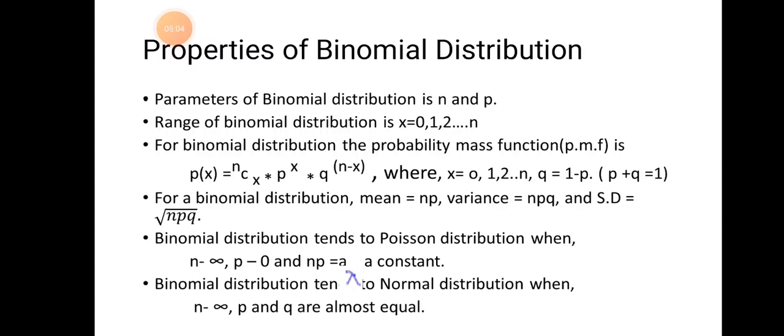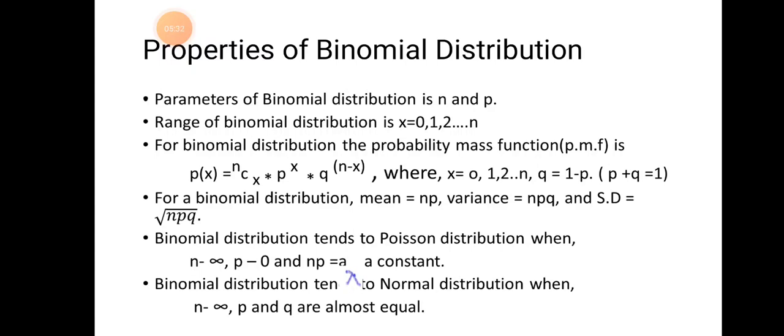For binomial distribution, the probability mass function is nCx into p to the power x into q to the power n minus x. For a binomial distribution, how to find out mean? Mean is np, that is n into p. Variance will be equal to n into p into q, npq. Standard deviation will be the square root of variance.